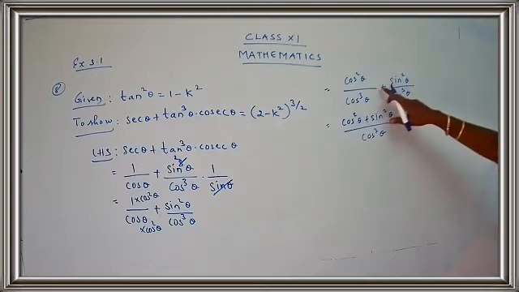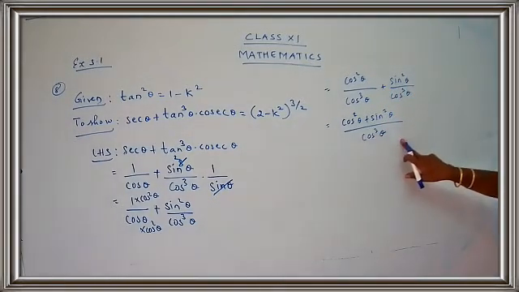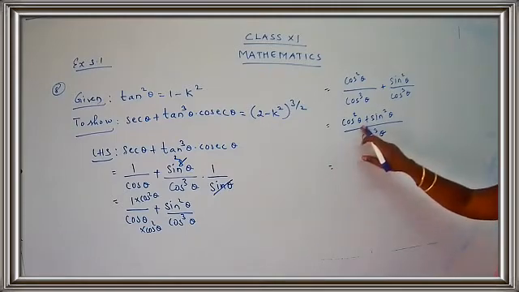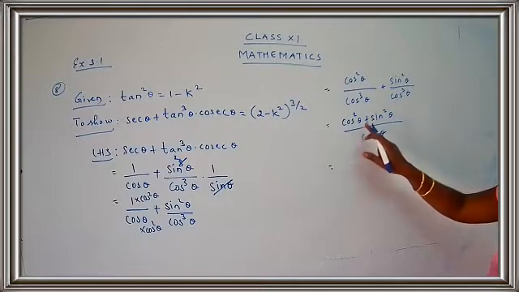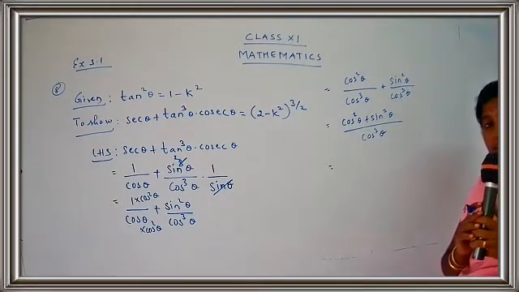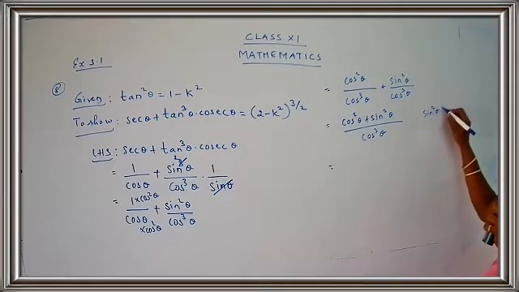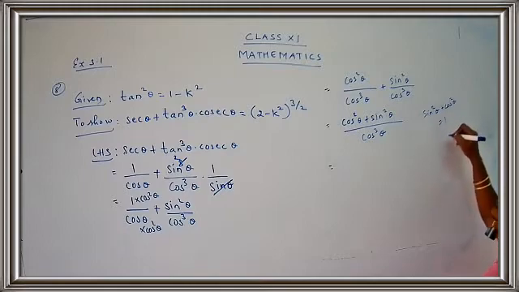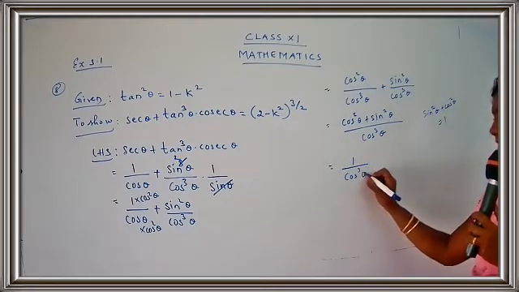Now you know what is the meaning of this. What is the value for cos square theta plus sin square theta, children? We have already used this identity. Yes, this is the first identity that we have studied in our trigonometry chapter. That is sin square theta plus cos square theta is equal to 1. Okay, so you get here 1 upon cos cube theta.